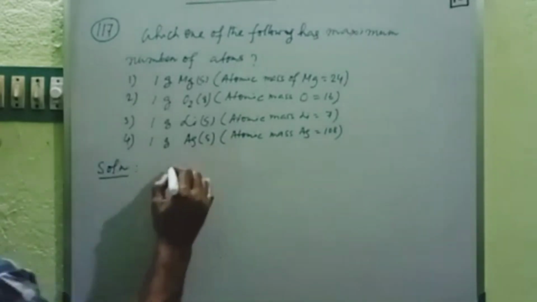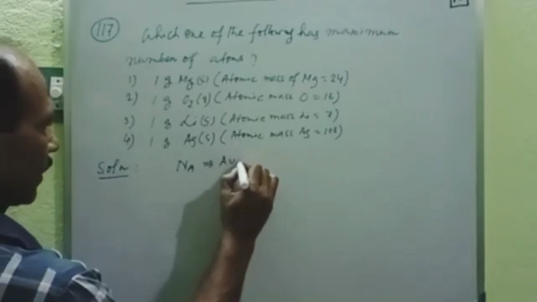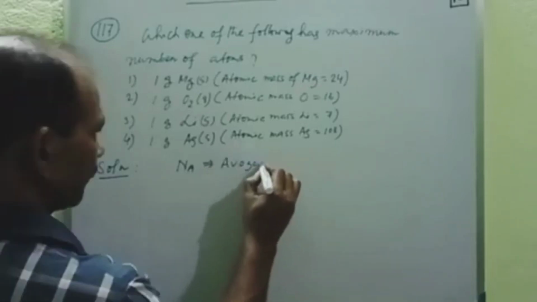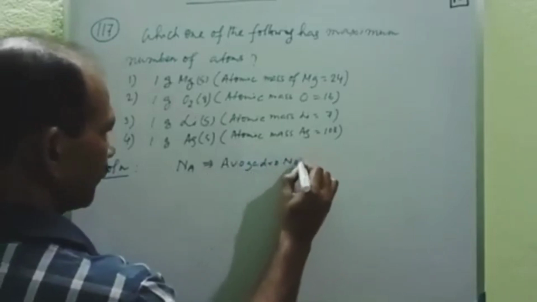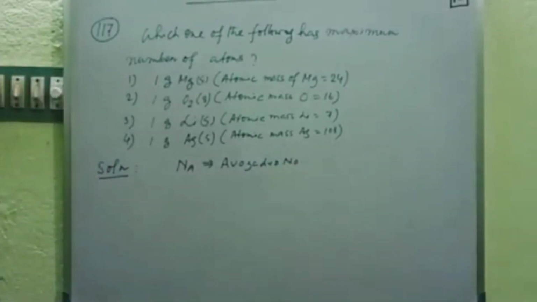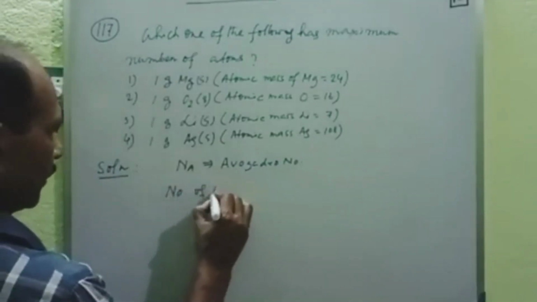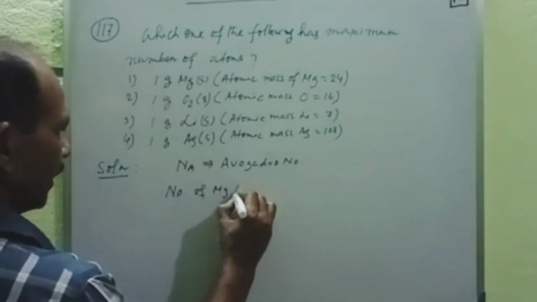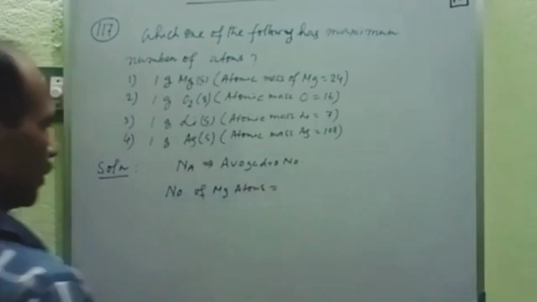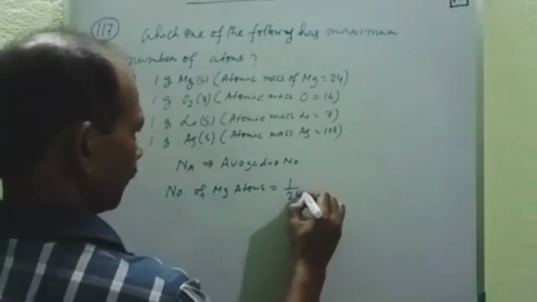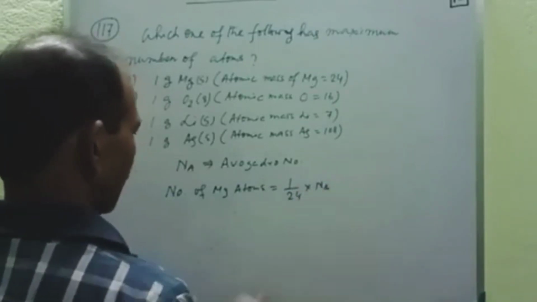Consider NA the Avogadro number. Therefore, number of magnesium atoms equals to 1 by 24 into Avogadro number.